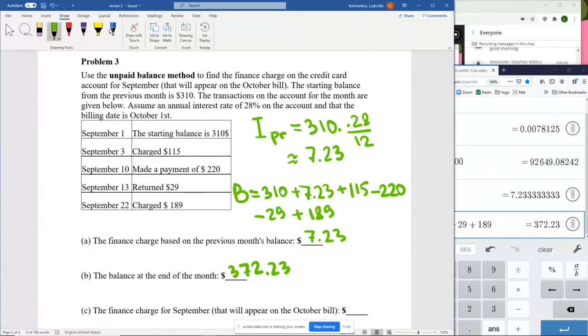Okay, so we use the same formula, PRT or BRT. But instead of the previous month's balance, the previous month will be September. So we take the September balance, 372.23, and multiply by the same RT.